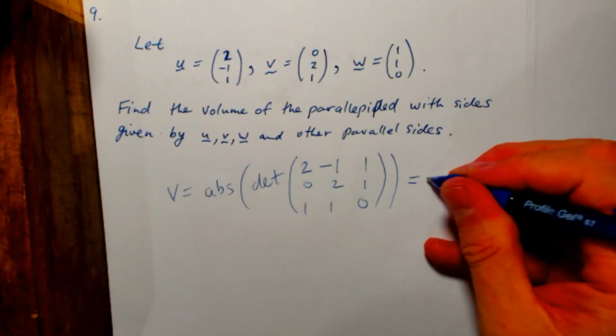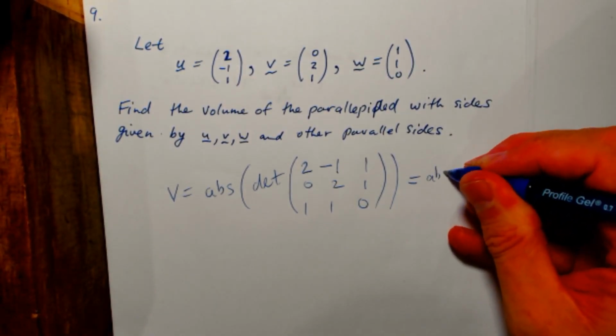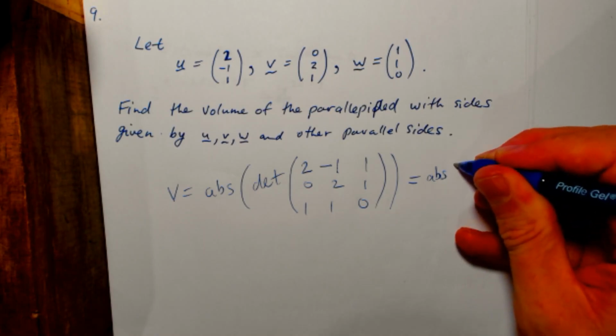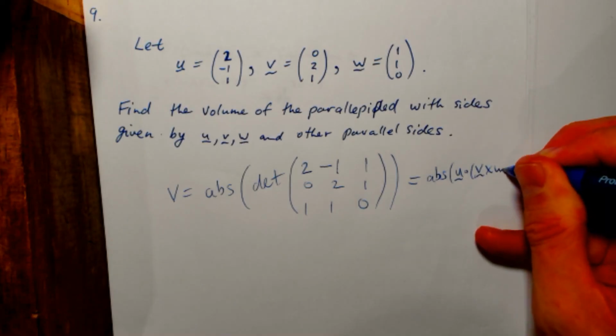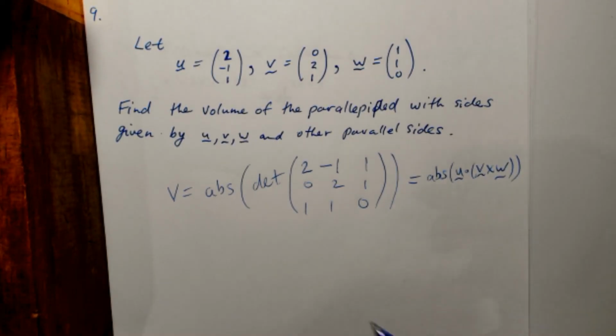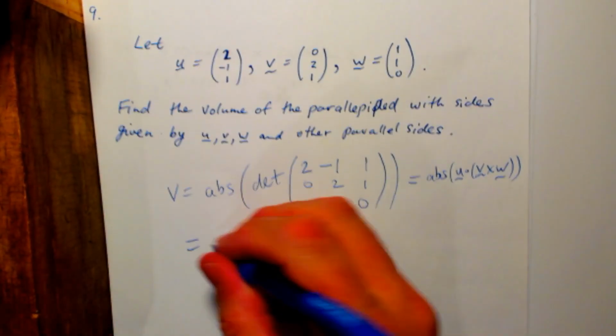Alternatively we could do the absolute value of the scalar triple product U dot V cross W. But this is an easier calculation here on the left, so we'll do that.